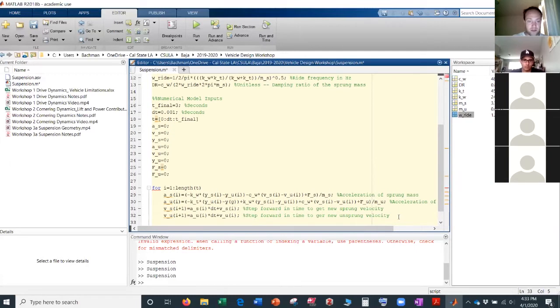Then for position, I'm going to say y of the sprung mass, the new position of the sprung mass at i plus 1, one step forward in time. Basically all of these are just going to be vectors, and I'm marching them forward in time. It's going to be equal to the velocity of the sprung mass at this time step times the time step plus the old position of the sprung mass.